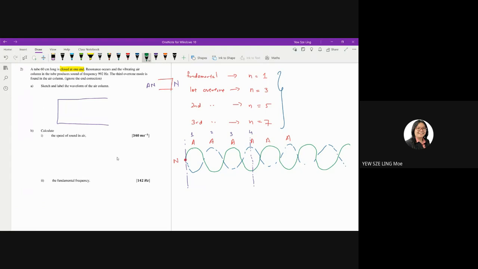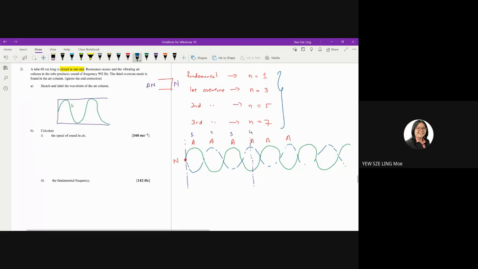So I have a shape like this, one wave, then an antinode, and it ends right here. It should touch up. 1, 2, 3, 4. Okay, so that is the diagram.